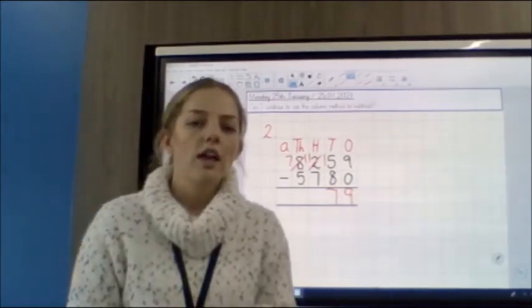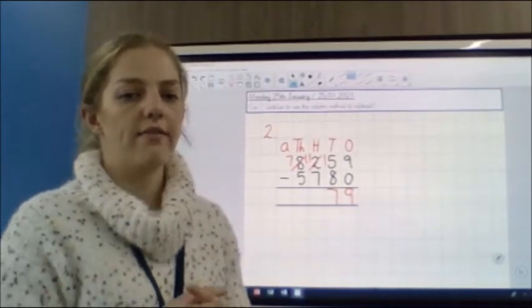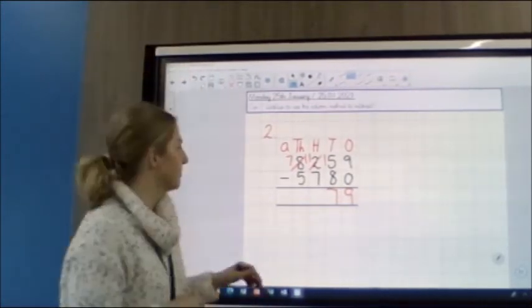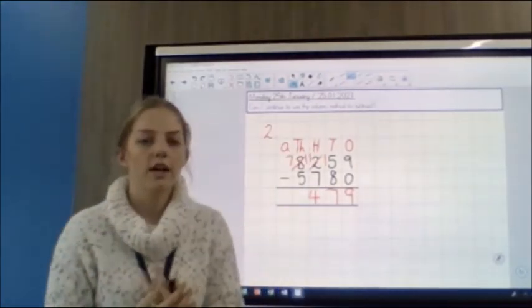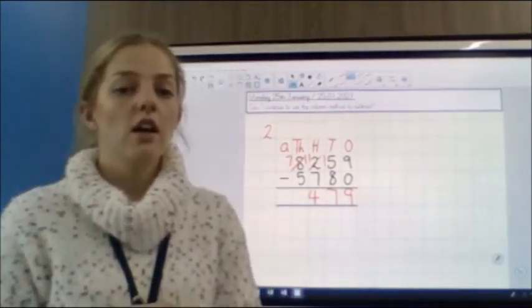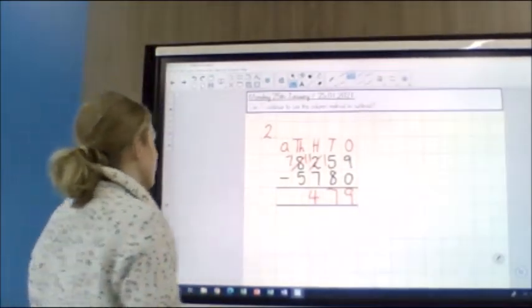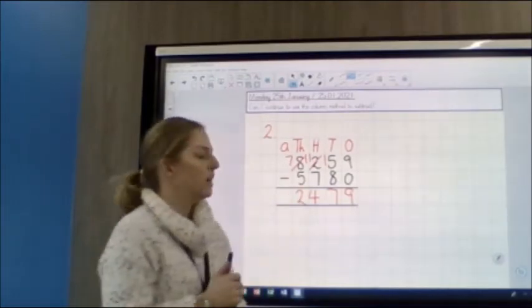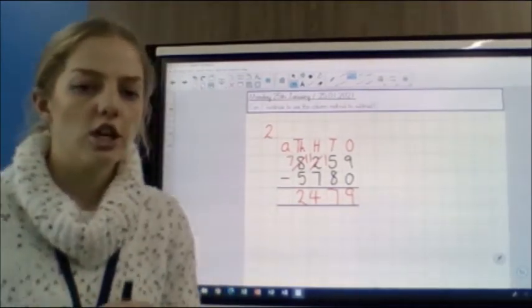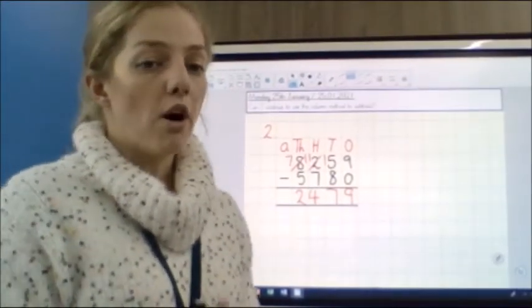Now I know that 7 add 3 is 10, so 11 take away 7 must be 4. And my last answer is going to be 7 take away 5, which is going to be 2. So the answer is 5,742.